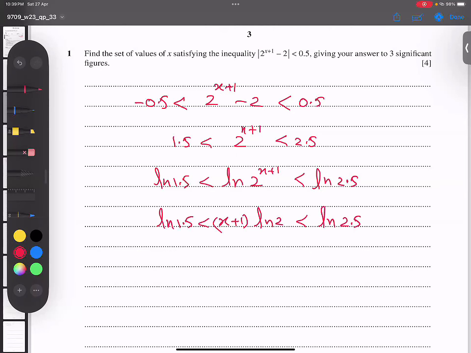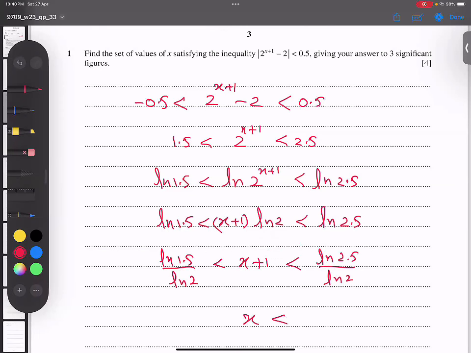Okay, now what to do? My target is to make x the subject. So I will divide both sides by ln 2. I will get x plus 1 in the middle, ln 2.5 over ln 2 and here ln 1.5 over ln 2. Then subtract 1 from both sides.